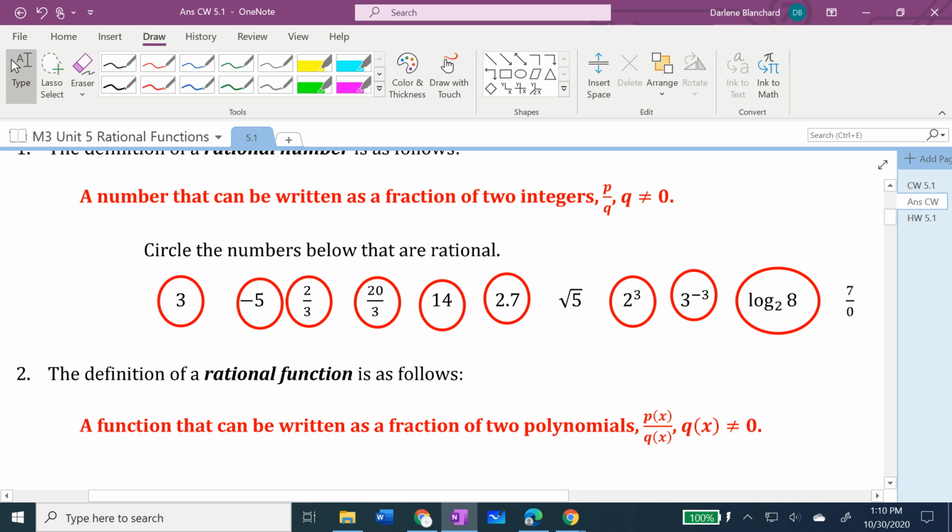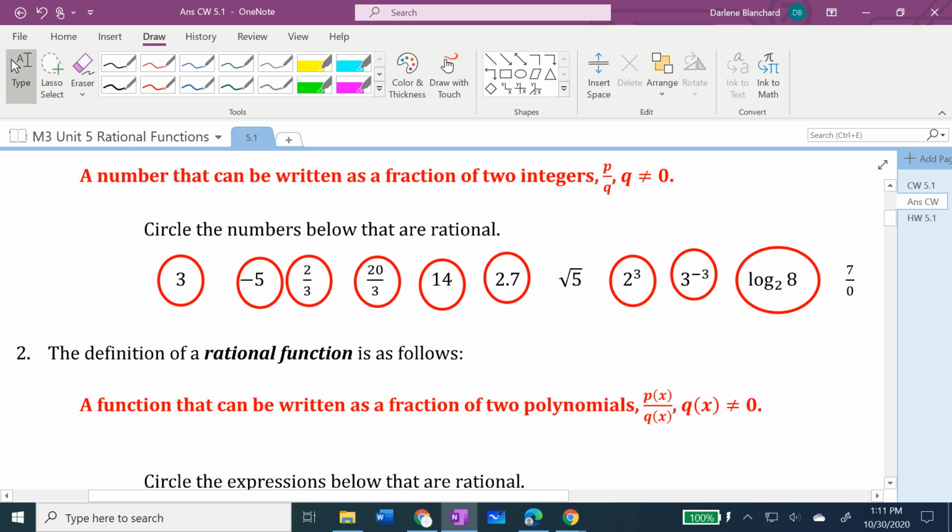And just look at the similarity with the P over Q. And then you're going to move to the next, right underneath this.